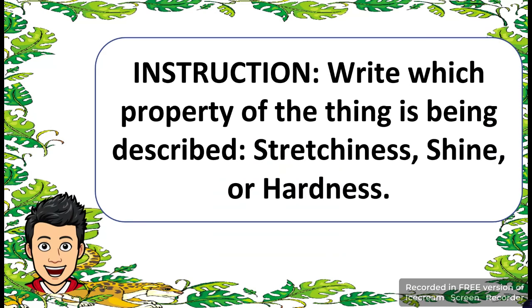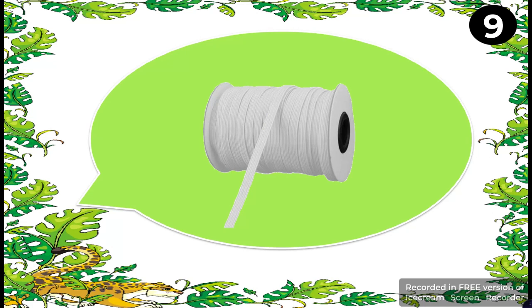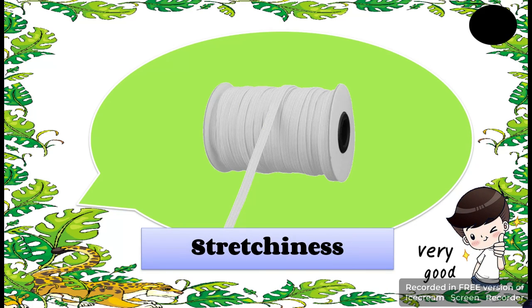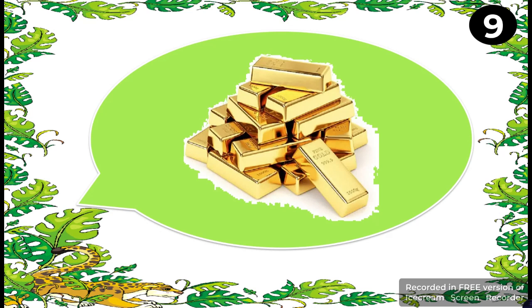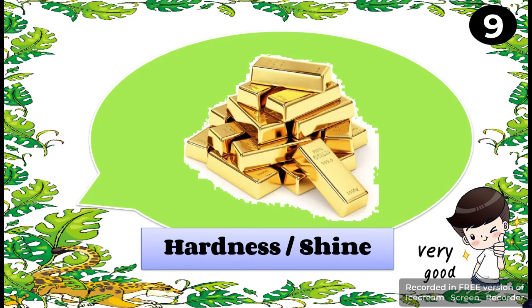Very good, kids. For your next activity, instruction: write which property of the thing is being described: stretchiness, shine, or hardness. Number 1. It is stretchiness. Number 2. It is hardness or shine.